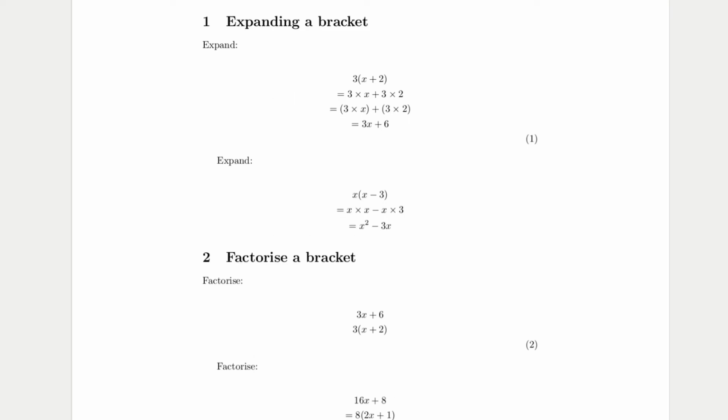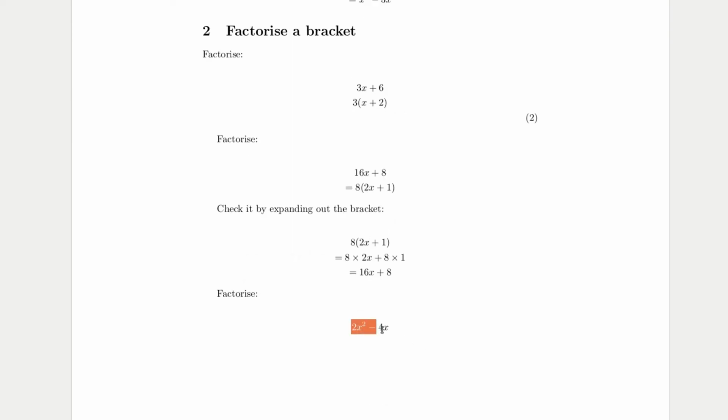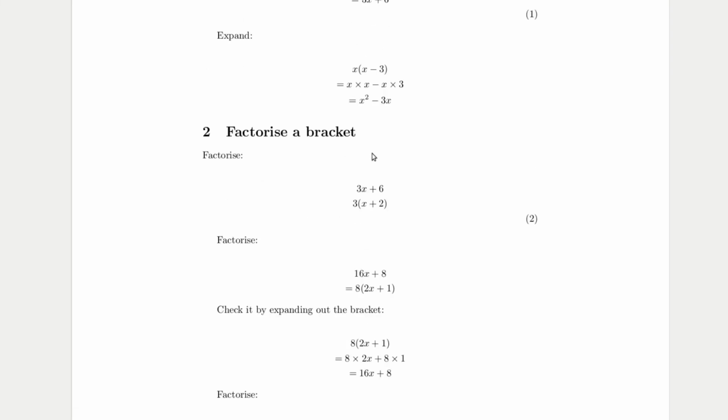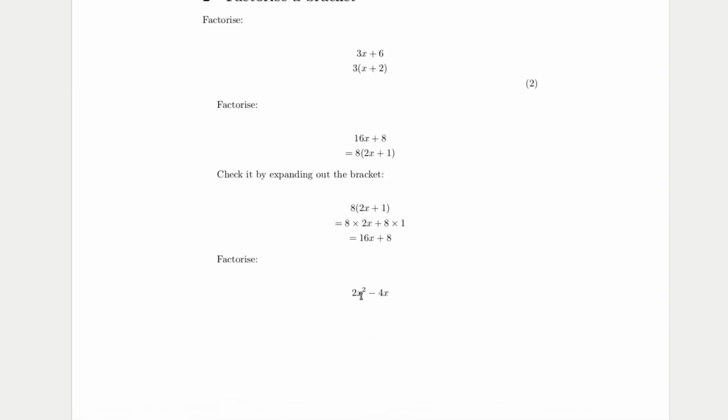And again, we might be asked to factorise something containing an x term like that. So let us practice on one of those. Say for example we were asked to factorise 2x squared minus 4x. Well, in this case, remembering this example, we might try and factorise out the x as a common factor, because we can see that both terms contain x, so therefore we can divide both terms by x.